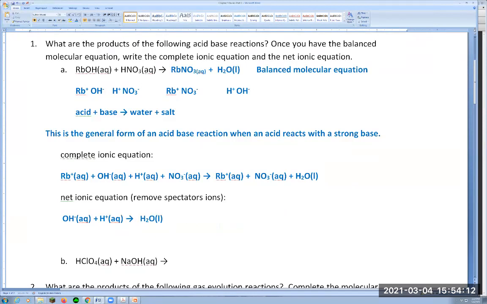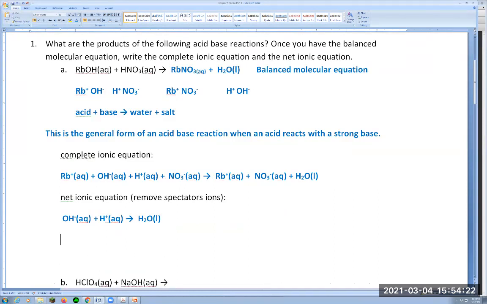The rest is not the same, right? On the left side, we have H plus plus OH minus, and then on the right, it's H2O. And so this is typical of the net ionic equation.